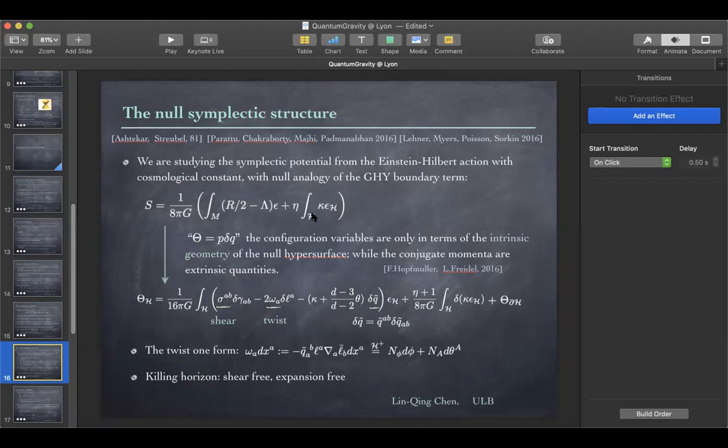Because the horizon is the boundary of this whole M, sorry, I should have explained more explicitly: M is the whole spacetime I'm looking at, and its boundary is the horizon, with the extra piece of the boundary term.